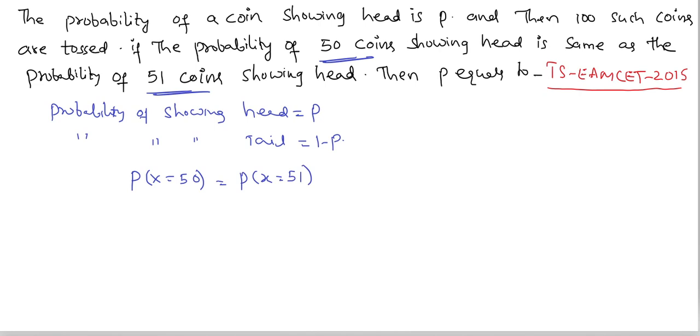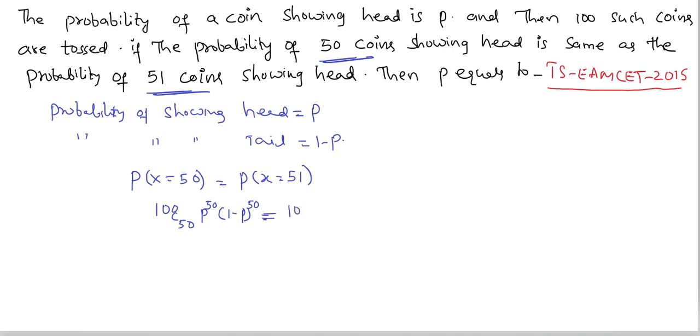P of x equal to 50 means 100 C 50 into P to the power of 50 into 1 minus P to the power of 50, which is equal to P of x equal to 51.